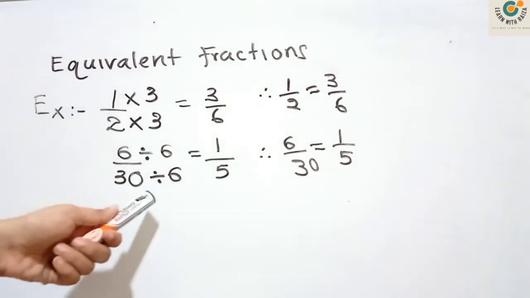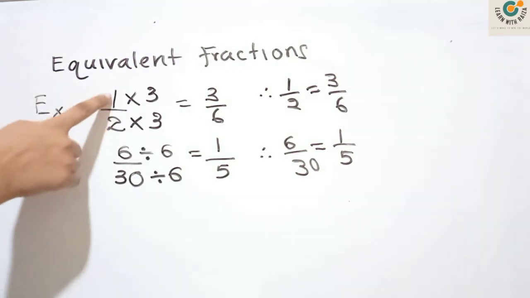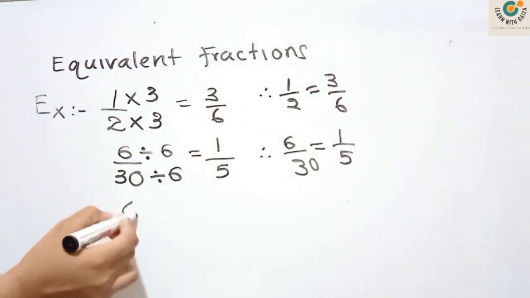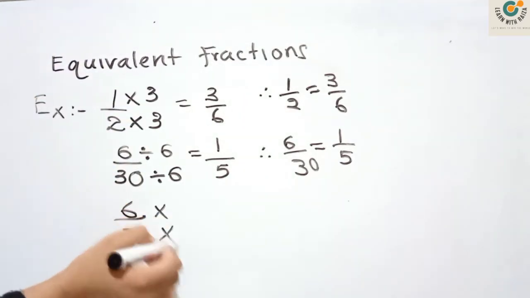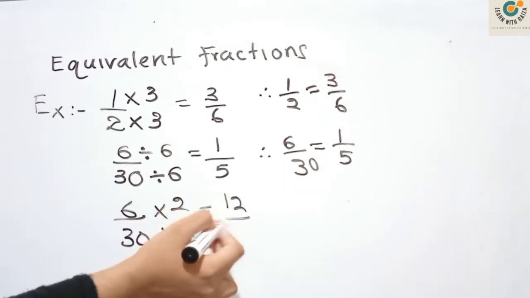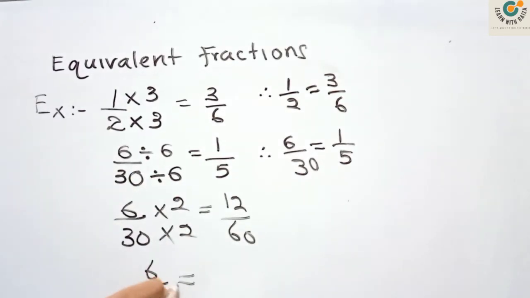So, division cannot be applied always. Reason is, in this case, you can't divide both numbers by the same number. That's the reason I took multiplication. But here, you can apply multiplication. No mistake in there. If I want, I can multiply by 2. Then I am getting 12 over 60. So, I can tell 6 over 30, the given fraction, is an equivalent fraction for 12 over 60 as well.